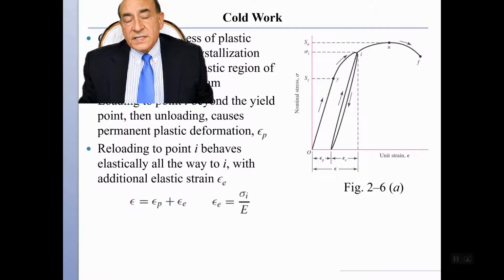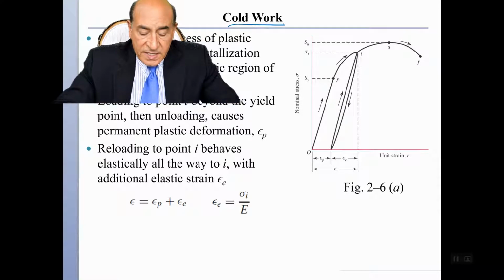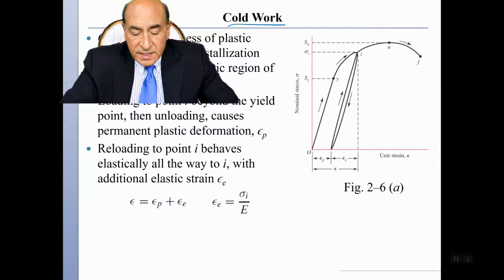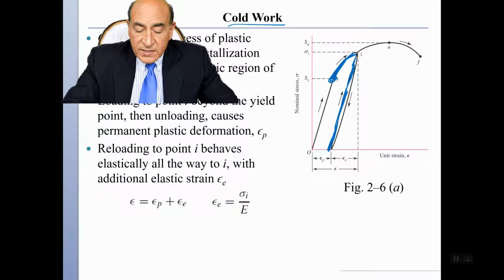Now we'll discuss how we would make materials stronger by cold working, the idea of cold work. The idea of cold work is that beyond the yield point, the material deforms a little bit plastically. If I unload it, it unloads here and I recover the elastic component of the strain.